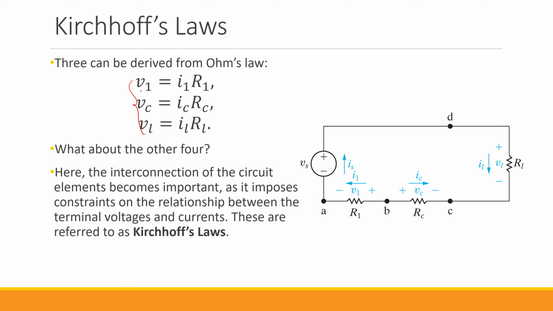So we have V1, the voltage across R1, equal to I1 multiplied by R1. We have VC equal to IC multiplied by RC. And finally we have VL equal to IL multiplied by RL.